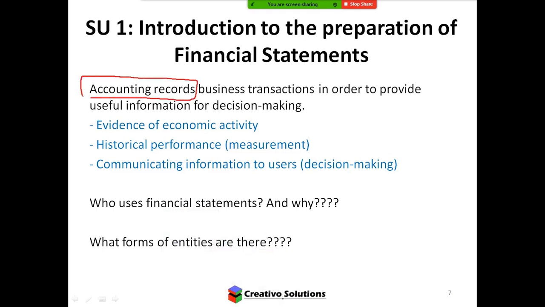The first bit we need to look at is accounting records. So, do you remember the accounting cycle? Yes, transactions take place, and then the journals. Transactions, where do they go? What's the next step? Source documents, and then it's journals.